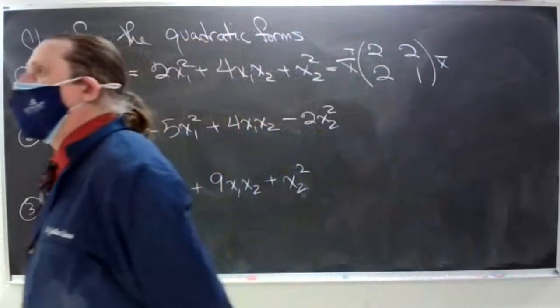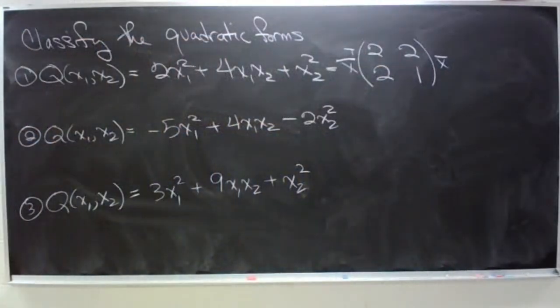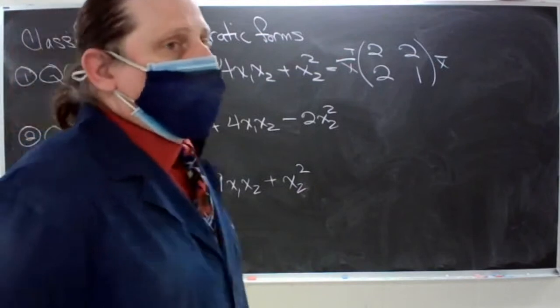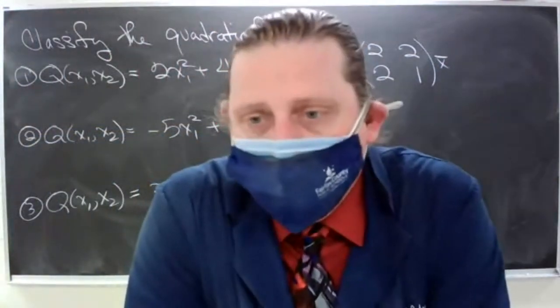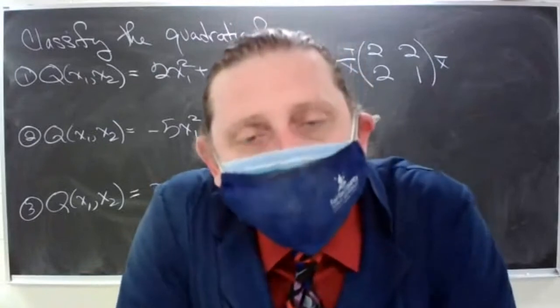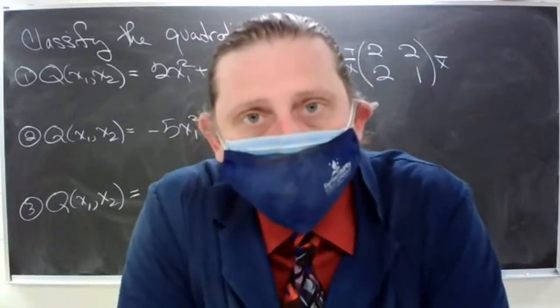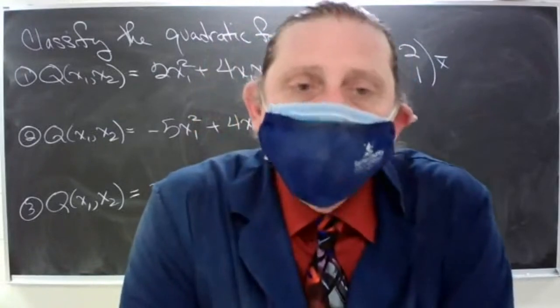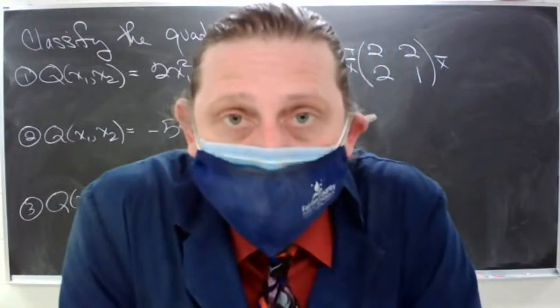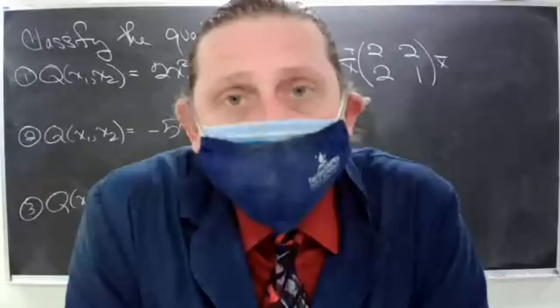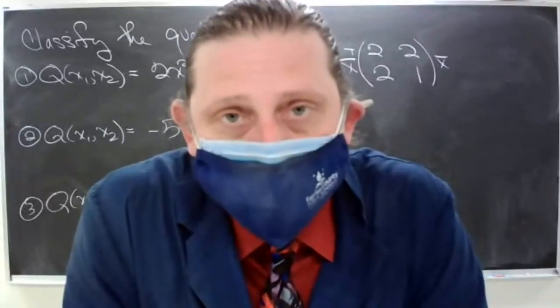For higher dimensional matrices, this can be significantly more complicated. But for 2 by 2, I've only got 2 eigenvalues, so we can take advantage of something. If the eigenvalues have the same sign, then their product is positive.